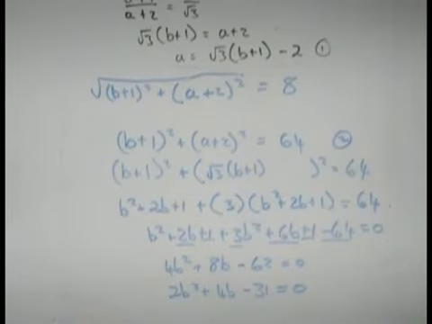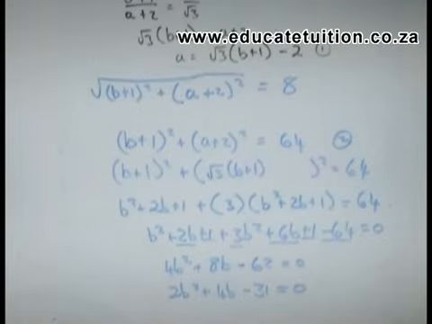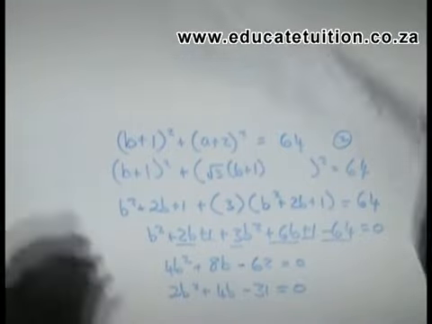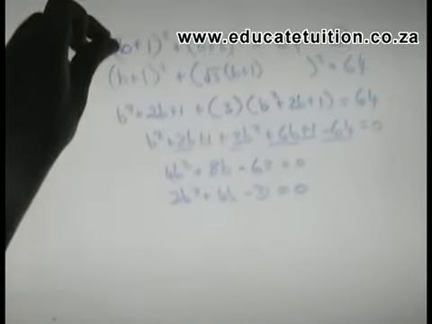Two times 31 is 62. Are there factors of 62 that can give us 4? Doesn't look like it. So what I'm going to do here is use the quadratic formula.